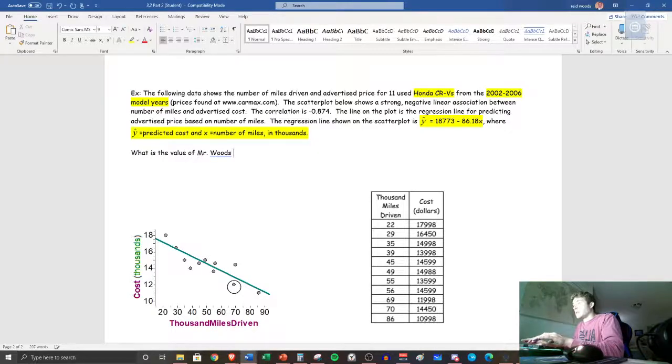What is the value of Mr. Woods' 2003 Honda CR-V? By the way, this is not calculated at all. I didn't even know about this example until I opened up this worksheet, so it's pretty funny. Honda CR-V with 125,000 miles. We'll see if this does a pretty good job predicting that.